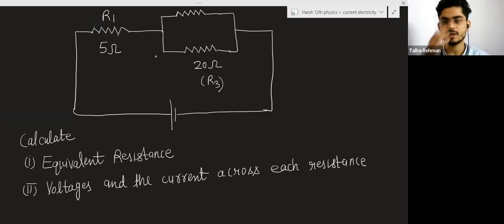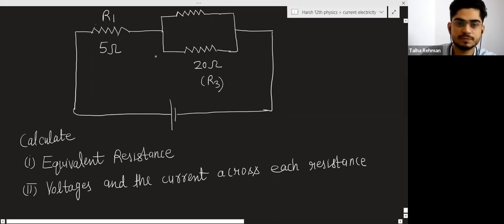This is a mixed combination. Here is a parallel combination and series combination. We will calculate the equivalent resistance, and after that we will calculate the voltage and the current across each resistance. So this is our question.